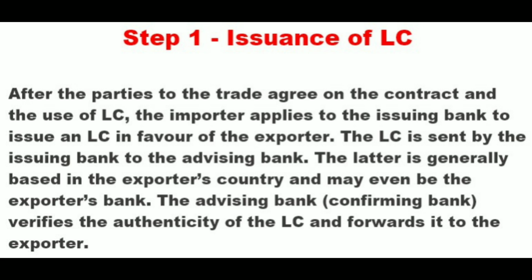Now the bank verifies the credentials of the importer and issues the LC in favor of the exporter and sends it to the exporter's bank for further action. When the exporter's bank receives the LC, it checks the LC and forwards it to the exporter. Now the exporter has got the letter of credit. Now the exporter starts preparations for the shipment of the cargo.